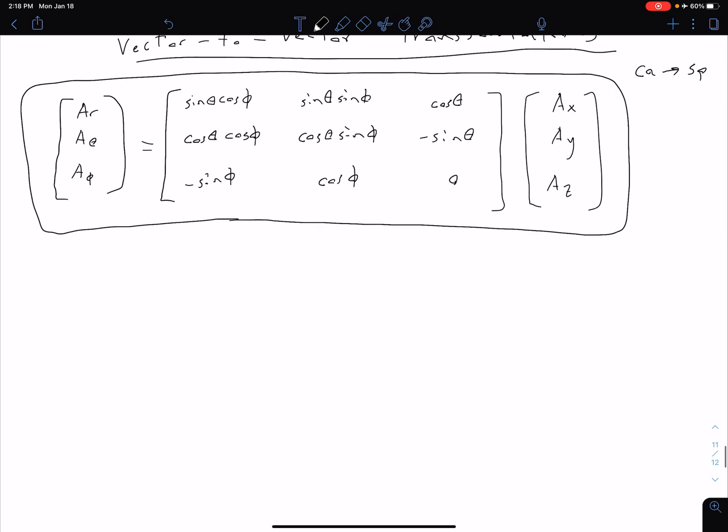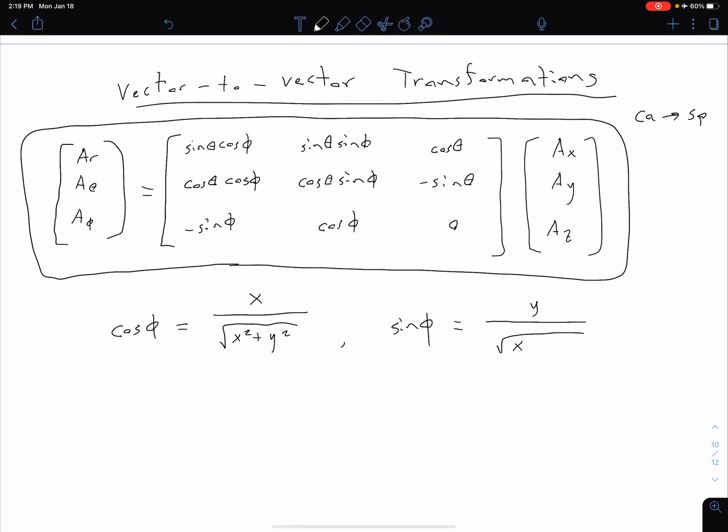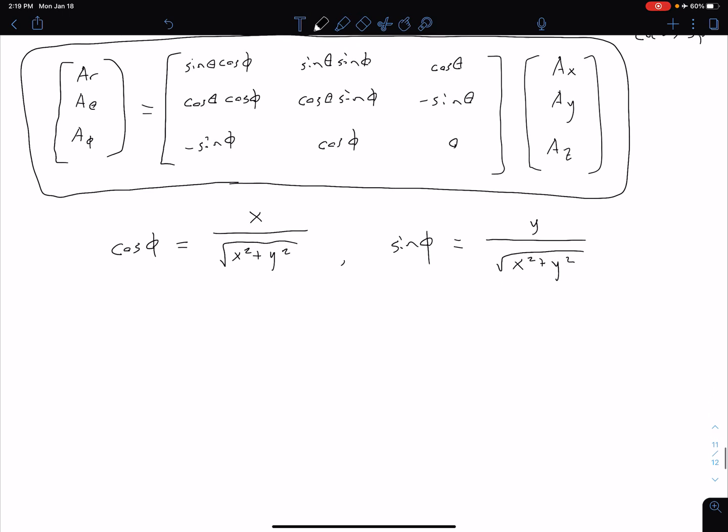Well, we can have these little supplemental equations where we can say our cosine phi is equal to x divided by essentially rho, which was the square root of x squared plus y squared, and our sine of phi is equal to y divided by the square root of x squared plus y squared. So same equations that we saw in our previous video when going between cylindrical and Cartesian.